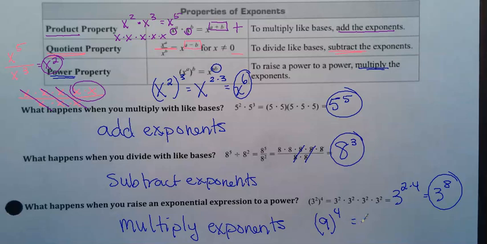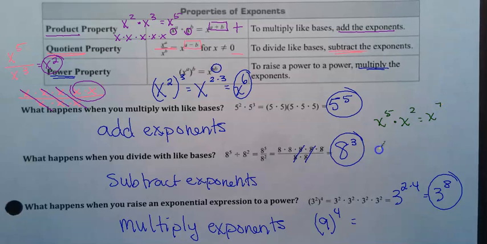Right now we're just working on understanding how this works, because we're going to take this concrete idea and apply it to an abstract idea, which means you're going to have x to the 5th times x squared, and you're going to have to simplify that and say, oh, that's equal to x to the 7th.